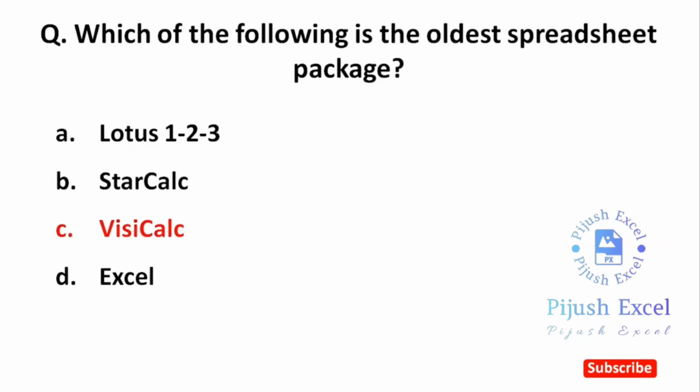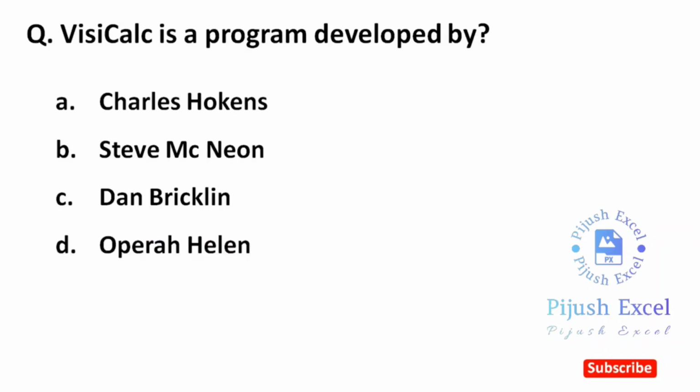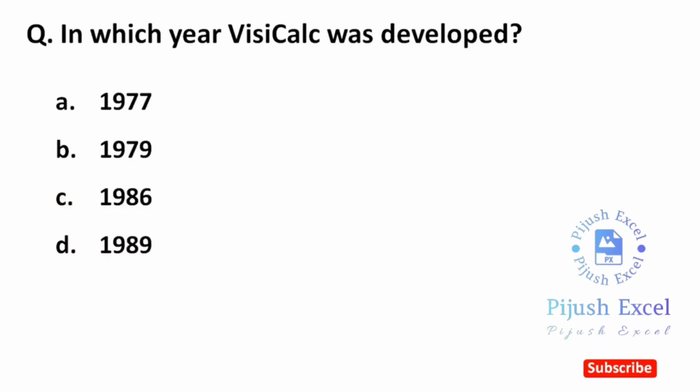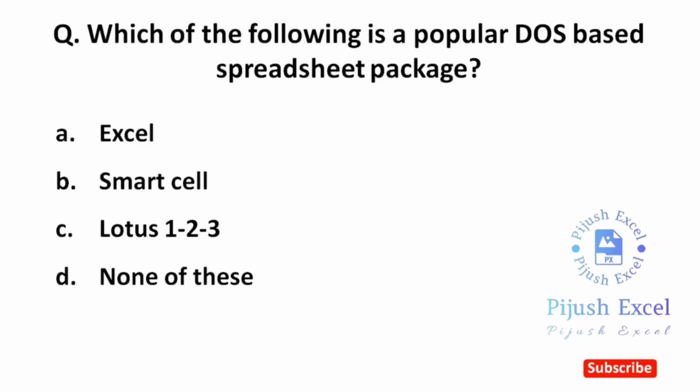Right answer is C. VisiCalc is a program developed by option C. Next question, in which year was VisiCalc developed? Option B, 1979. Next question, which of the following is a popular DOS-based spreadsheet package?